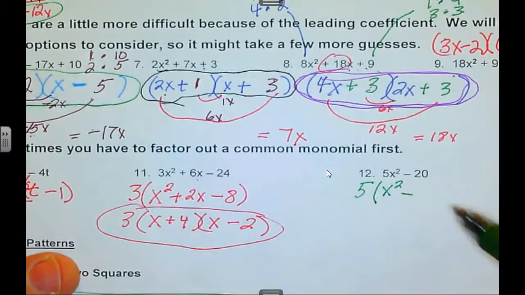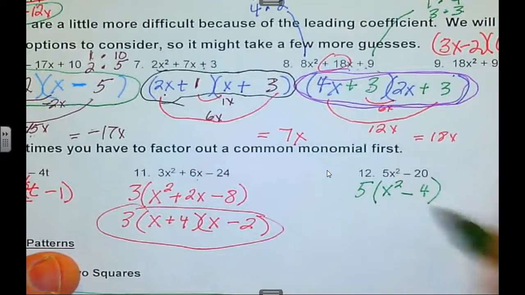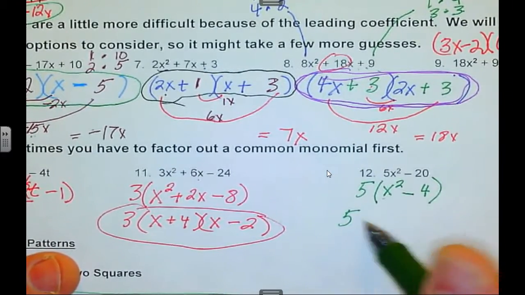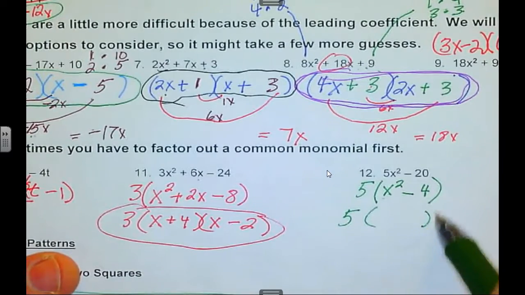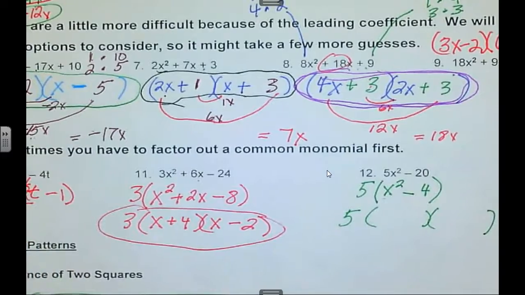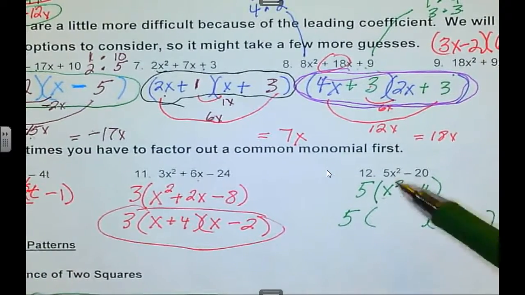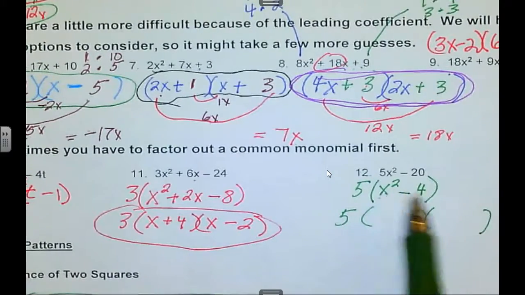And 20 divided by 5? Now look, you've got to keep going. Can this be factored, the x squared minus 4? Yes. Now it's a binomial, only 2 terms. There's a minus here. That's a difference.